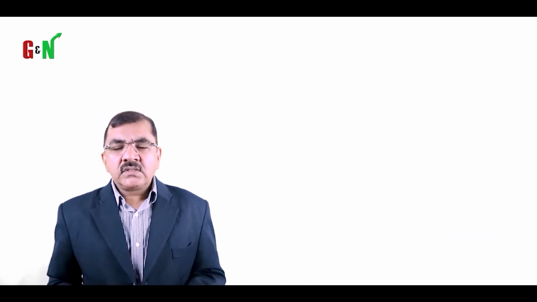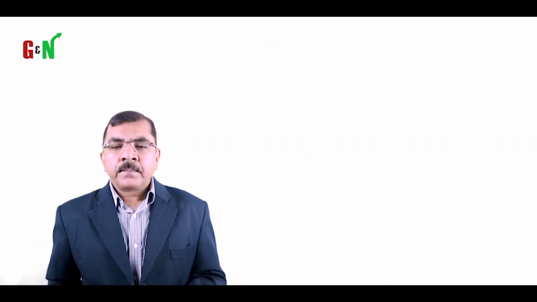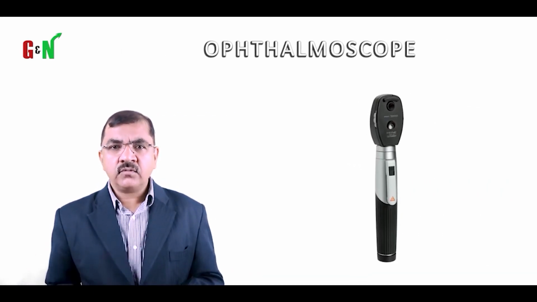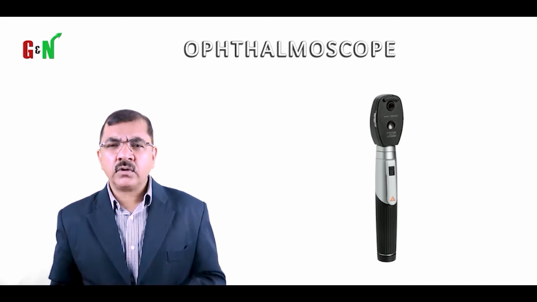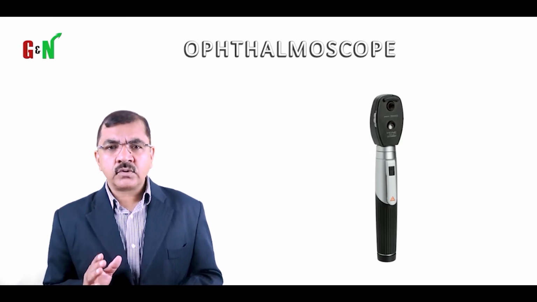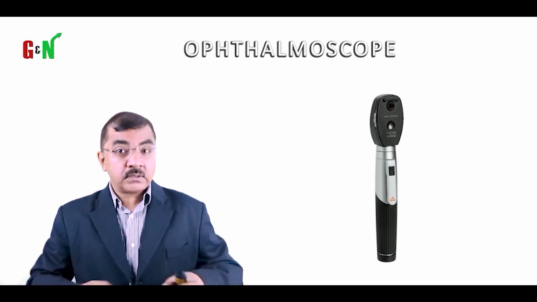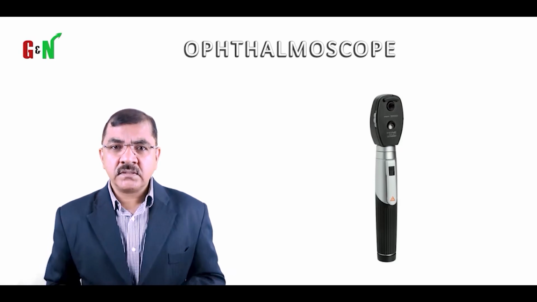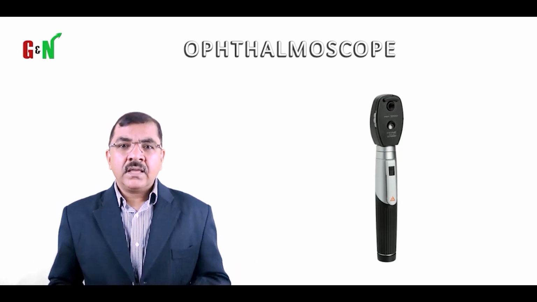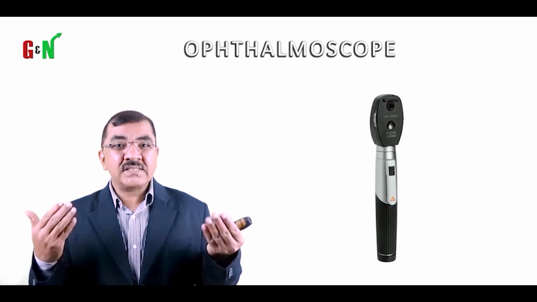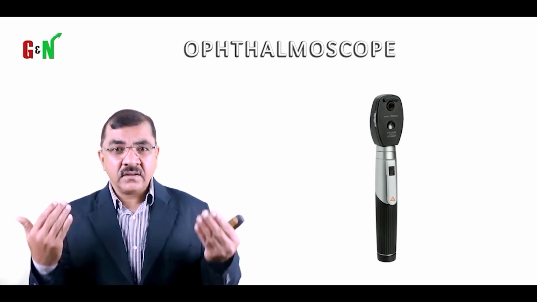Last but not the least, you will have the ophthalmoscope. It's a wonderful instrument if you are able to find it. Very similar to the retinoscope but different in function. Through the ophthalmoscope, a trained optometrist, not everybody, is able to see through to the fundus and look at the retina and come out with an understanding of what is inside the fundus, inside the vitreous humor.